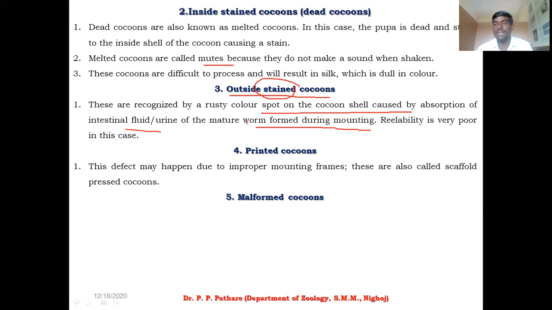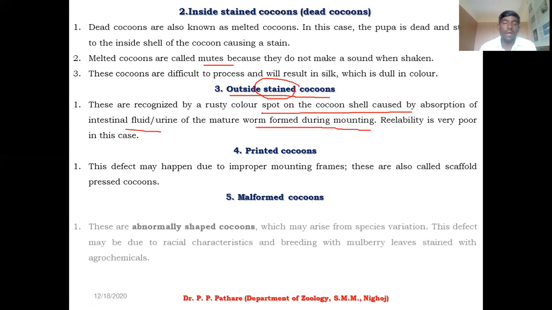They are also called scaffold press cocoon, or they form some unnecessary stain on the outside of the cocoon. So such type of cocoon is also produced in your rearing house.